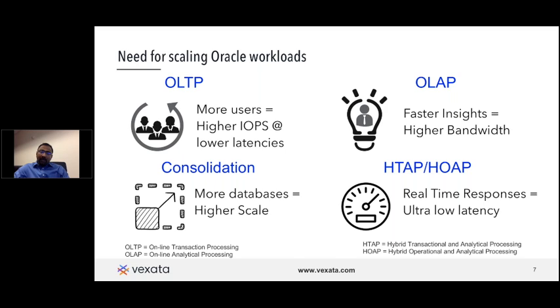And then there are the analytical use cases. While a lot of analytics frameworks are in place today that go beyond what Oracle offers, we do see a lot of our end customers using Oracle database for analytics as well. These require much higher bandwidth so that they can accelerate the queries and the insights.